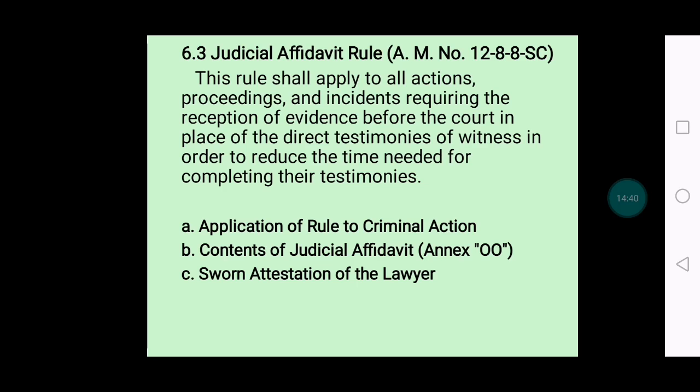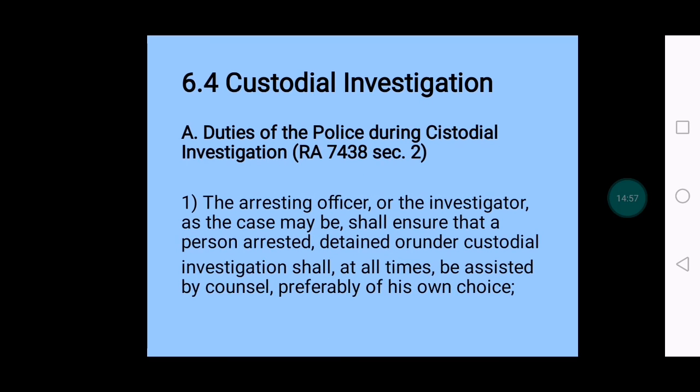Next is that neither he or she nor any other person then present or assisting him or her coached the witness regarding the latter's answers.